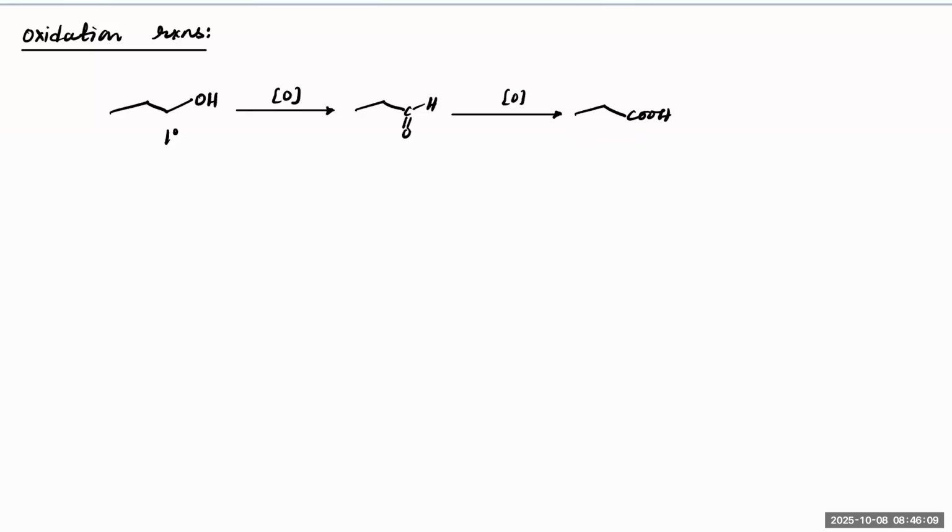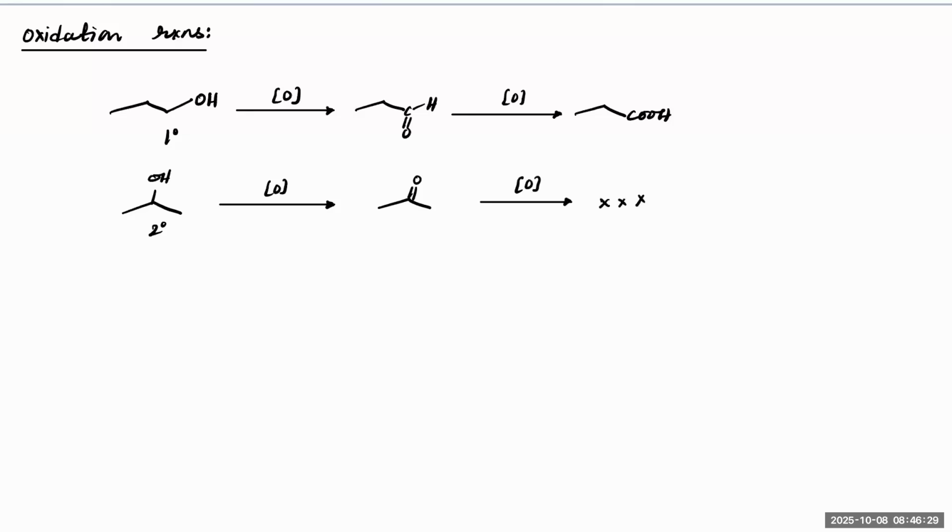But when you have secondary alcohol, which is 2 degree, and you are making an oxidation here, that will give you ketones first. And that ketone, if you try to further oxidize, no reaction is usually observed.